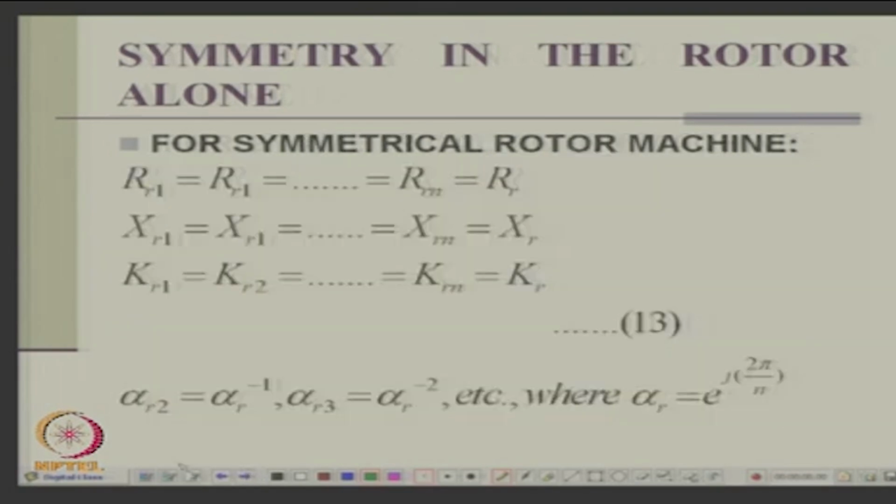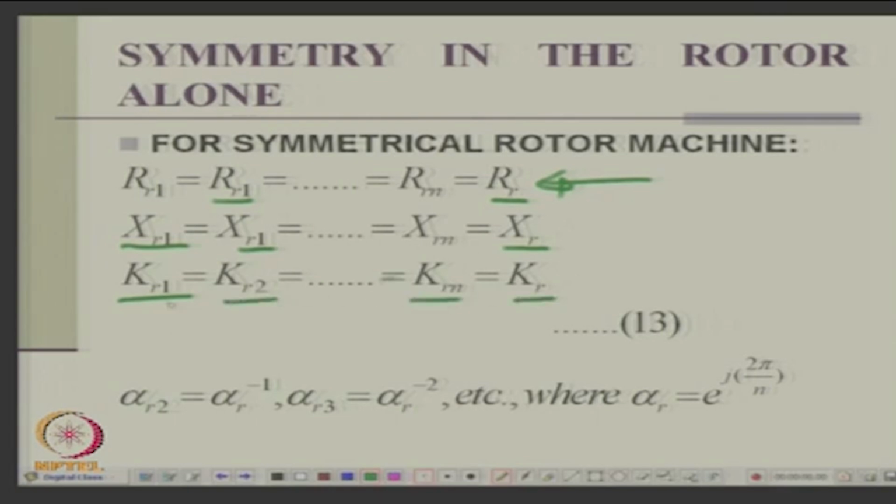Now, supposing we have a symmetrical rotor machine, what is a symmetrical rotor machine? All the resistances are the same. You have N windings, all resistances are the same, all leakage reactances are the same, say XR, and the turns are the same, KR1, KR2, KRN equal to, let us say, KR.